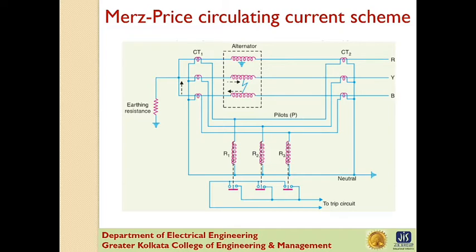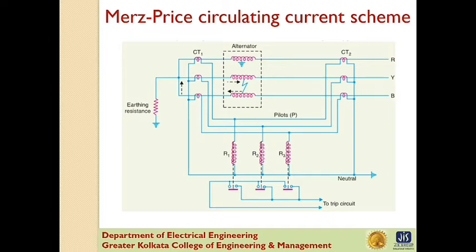The relay coils are connected in star, and the neutral point is connected to the current transformer common neutral, and the outer ends, one to each of the other three pilots.